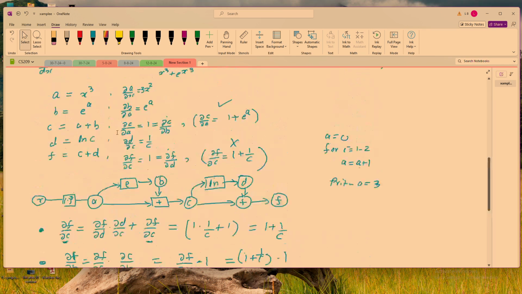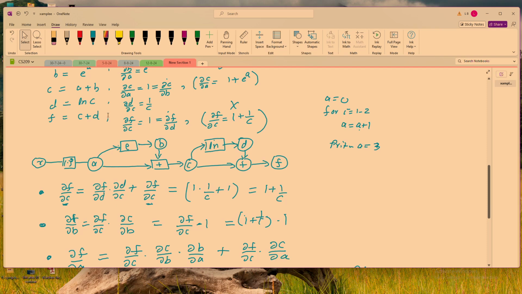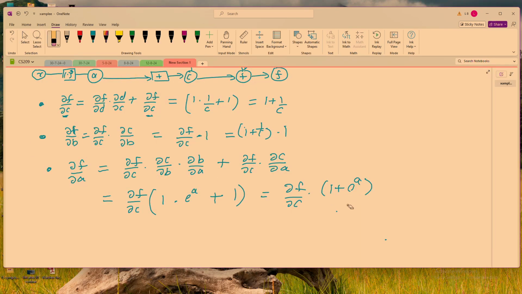So this 1 plus e to the a is this dc over dA, and if this guy was not there, then with the substitution I would call this guy dc over dA. Now read the graph, okay?